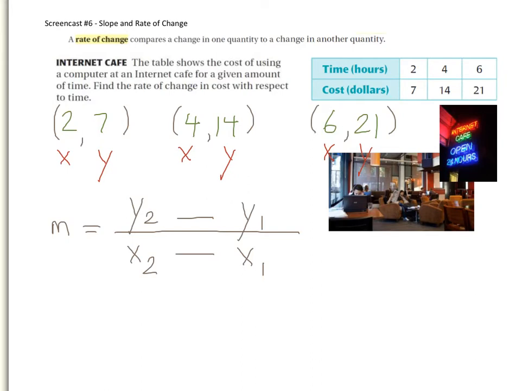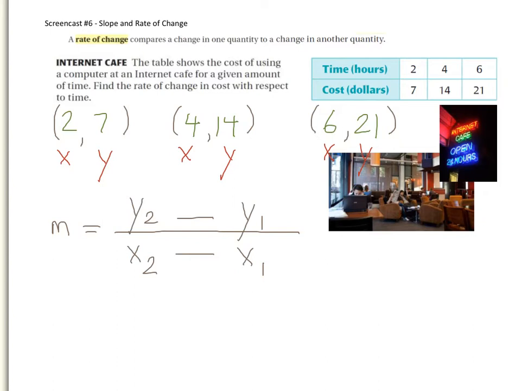You might have more information than needed, and that's exactly what's going on here. We are given far more information than we need. We have 3 ordered pairs, but to calculate slope, rate of change, you only need 2. So one of them we could just completely ignore, and we should, in theory, still get the correct answer. So here we have our 3 points, 2, 7, 4, 14, 6, 21.